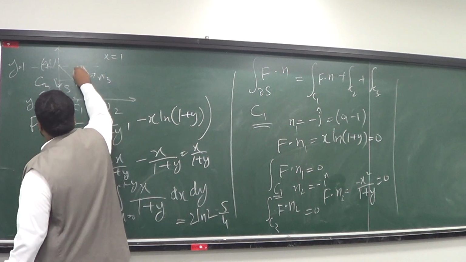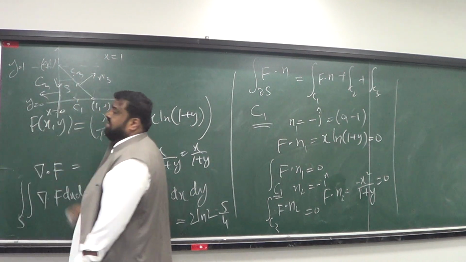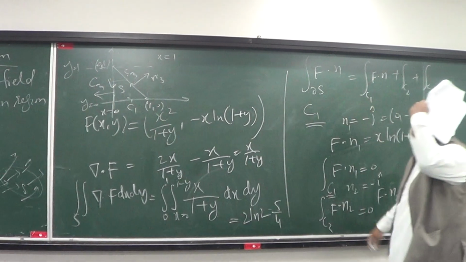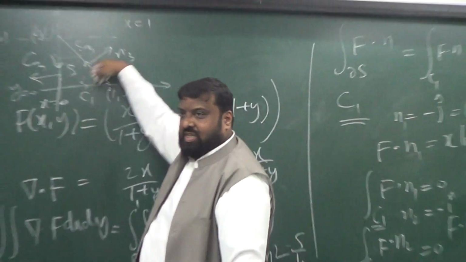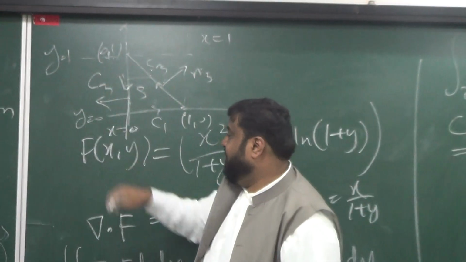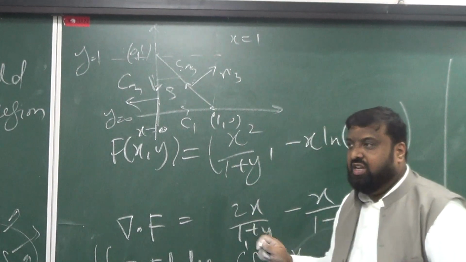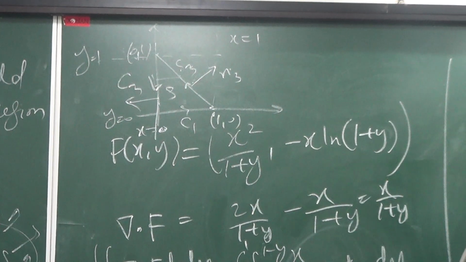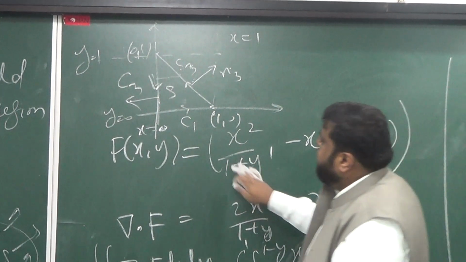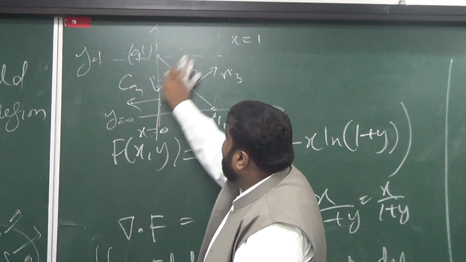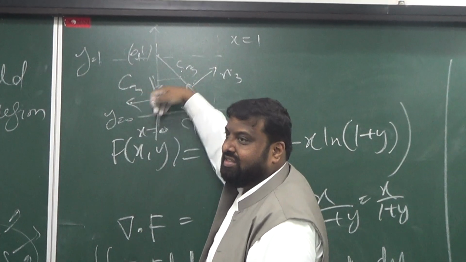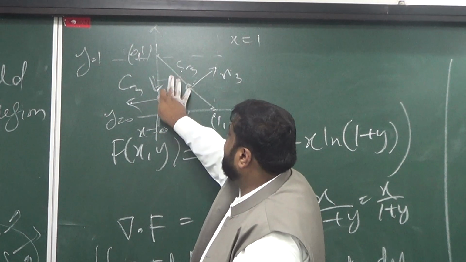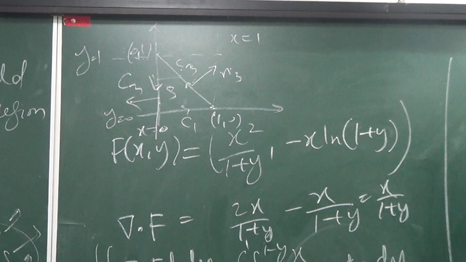So this is your curve C3. In other words, nothing is exiting through curves C1 and C2 in the case of this vector field. Maybe we can plot it. We're going to see maybe it's going this way actually. So nothing is exiting here. It's just exiting in this direction anyway.